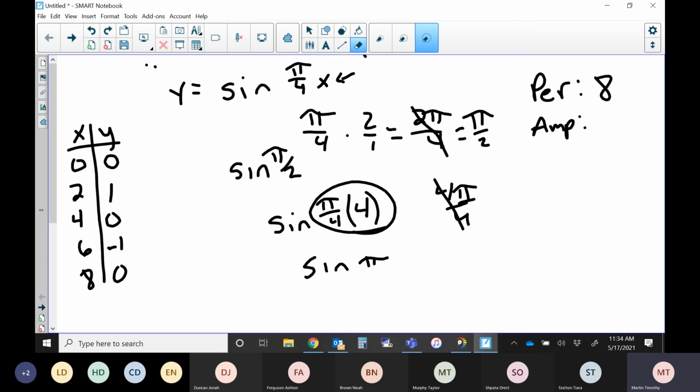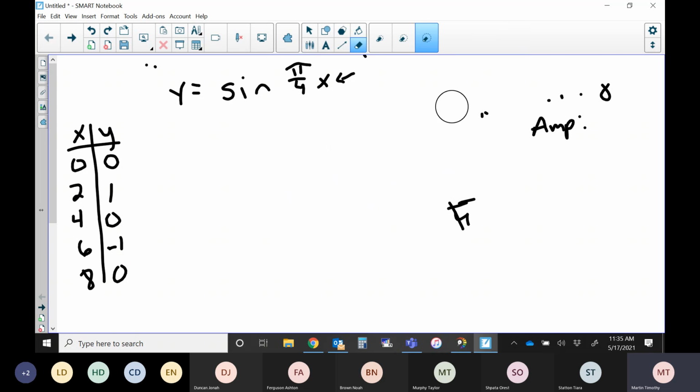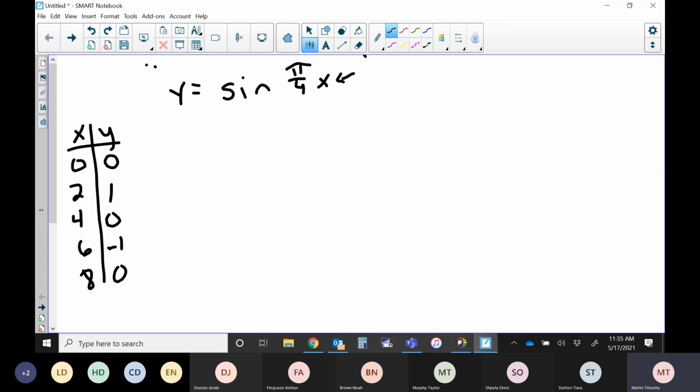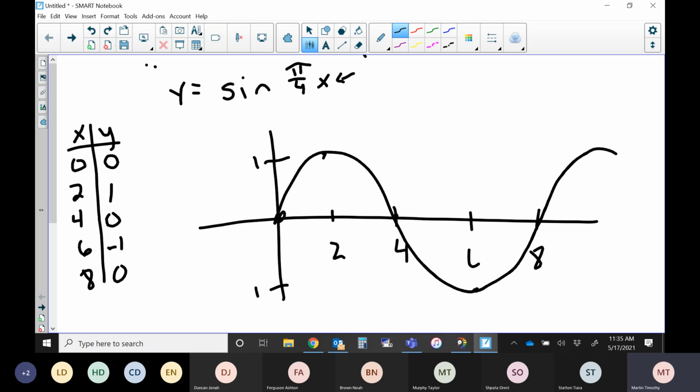And then I would graph this thing. My amplitude is 1, by the way. So this would be 1, this would be 1, and then 2, 4, 6, 8. Remember, I'm the person who establishes how I'm going to count. So I go 0, 0, 2, 1, 4, 0, 6, -1, and there we go. Boom. And then, like I said, it's going to continue.